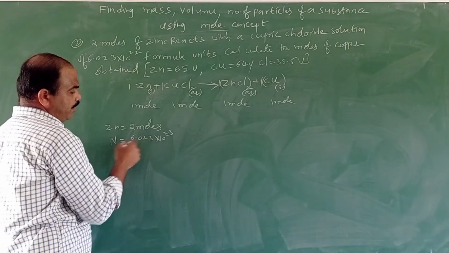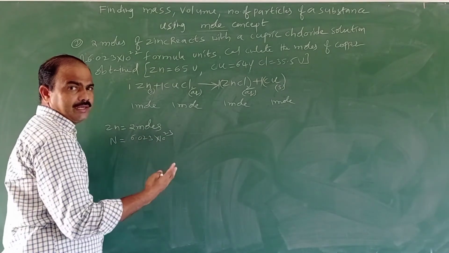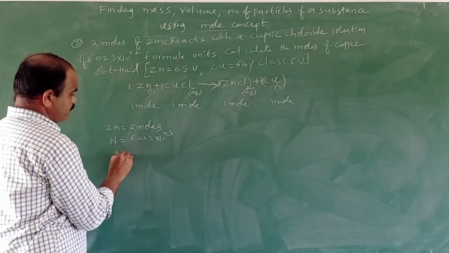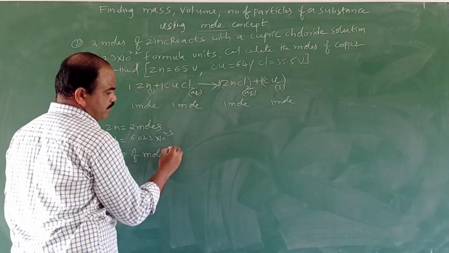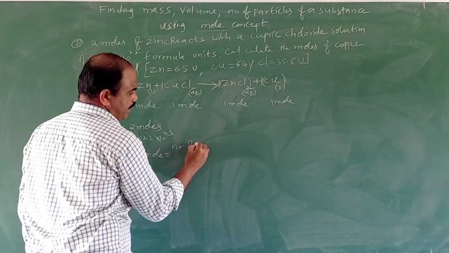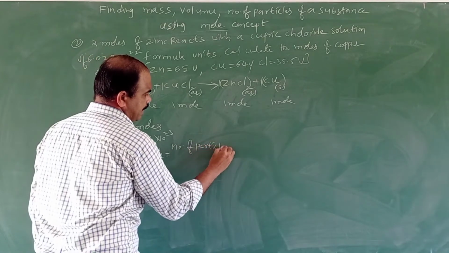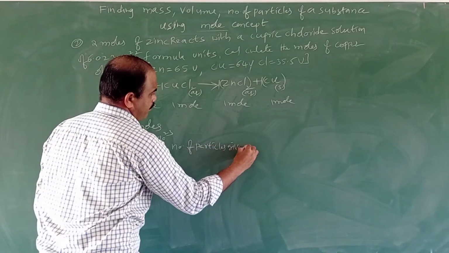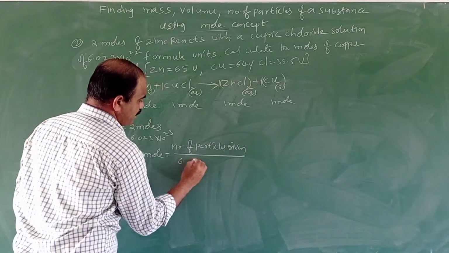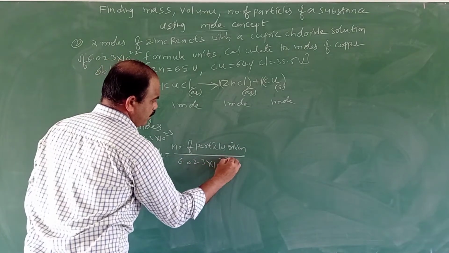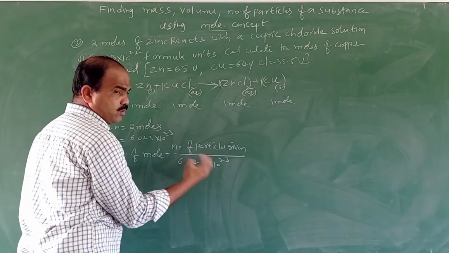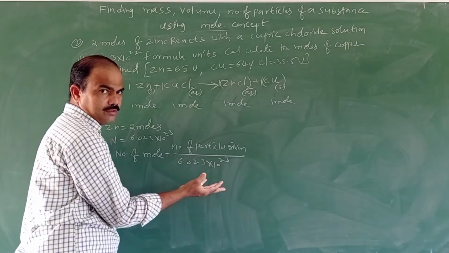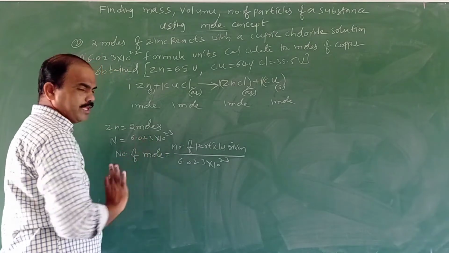If the number of atoms is given, how can we calculate the number of moles? The formula is: number of moles is equal to the number of particles given divided by 6.023 into 10 power 23. Some textbooks give 6.022 or 6.023. Here 23 is given, that's why I am taking 23.